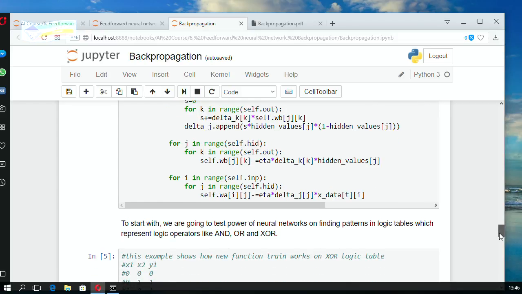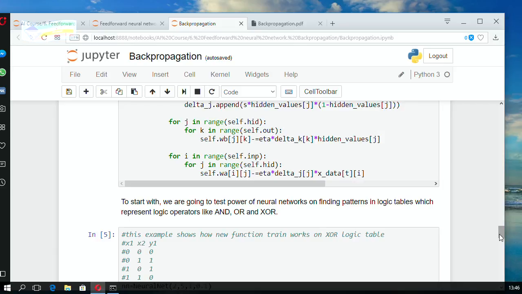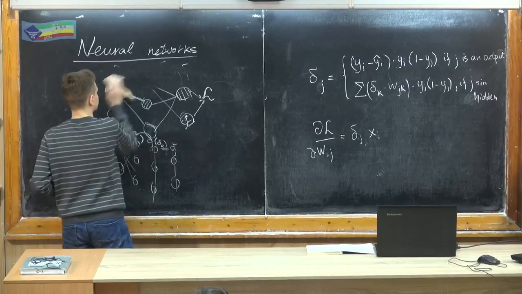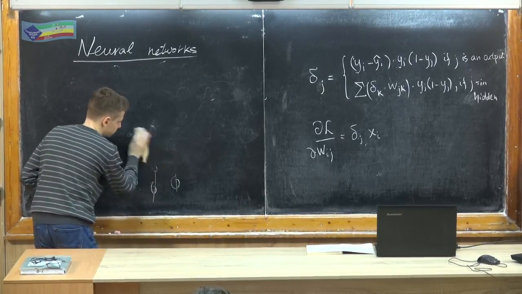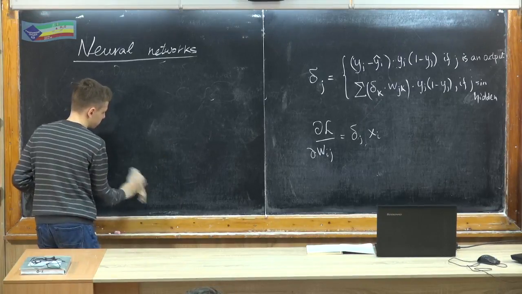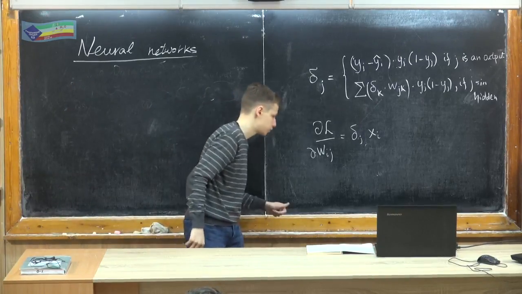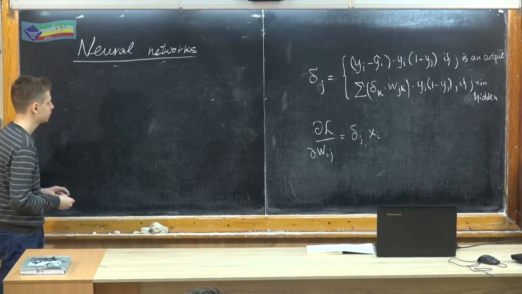So now let's try to train this neural net on tables of logic operators, and you can remember that they probably were in the first lesson.